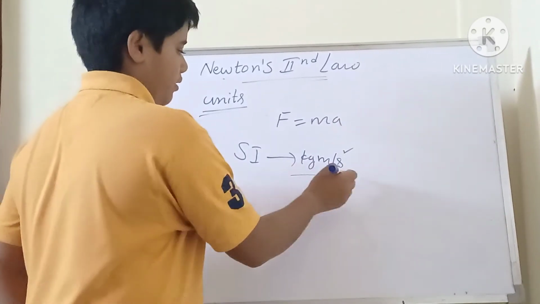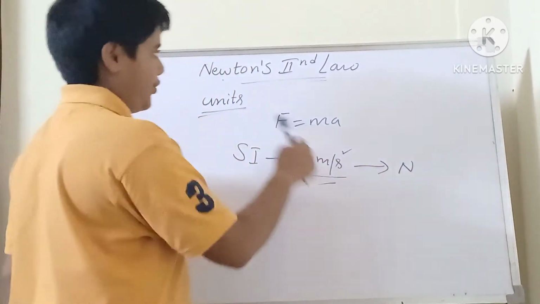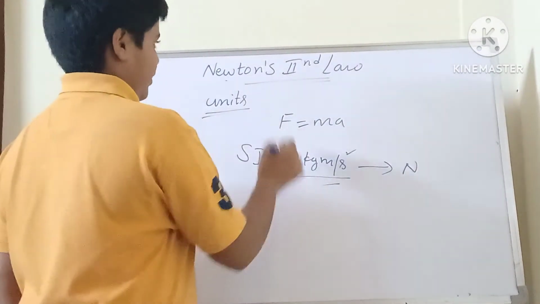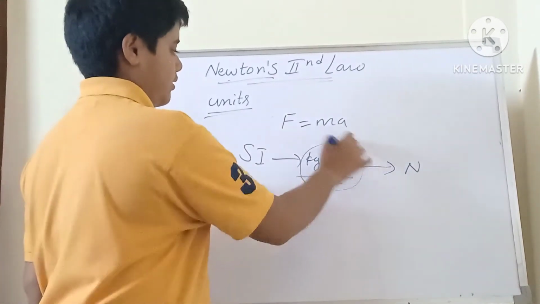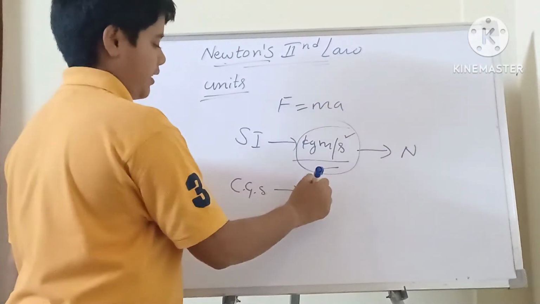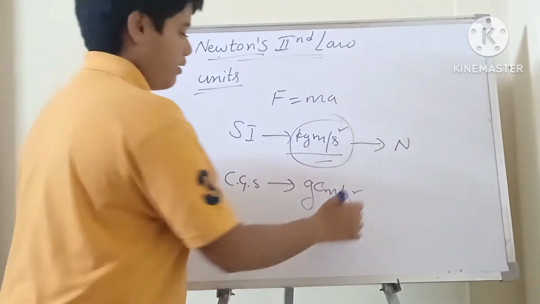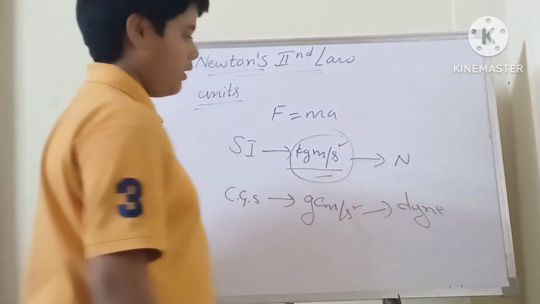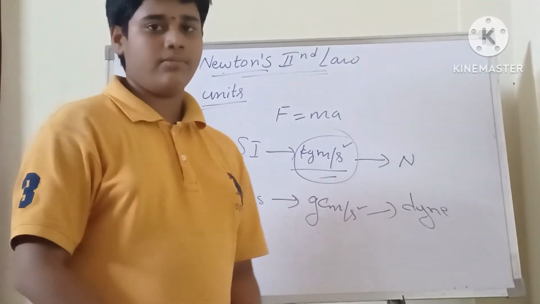This is the SI unit of force. This is written as Newton, N. Newton is named after him. And the CGS unit of mass is gram, and of acceleration is centimeter per second square. The name of this unit is dyne. The name of the SI unit is Newton.